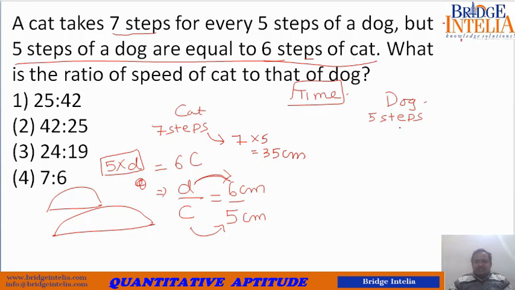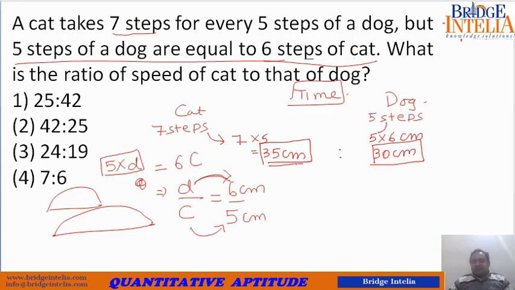And what distance would this dog cover? So we have assumed that the dog covers 6 centimeter in one step. He is taking 5 steps. So 5 into 6 centimeter, so 30 centimeter. What does this mean? It means in the time the cat covers 35 centimeter, the dog covers only 30 centimeter.